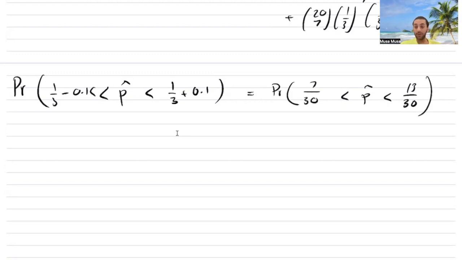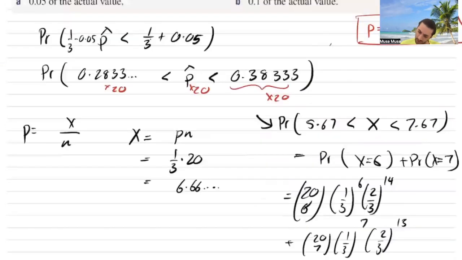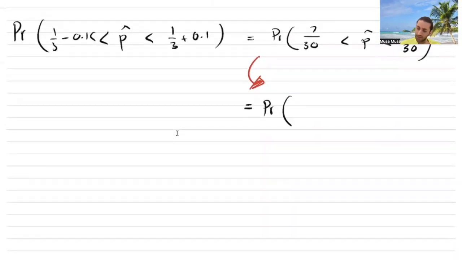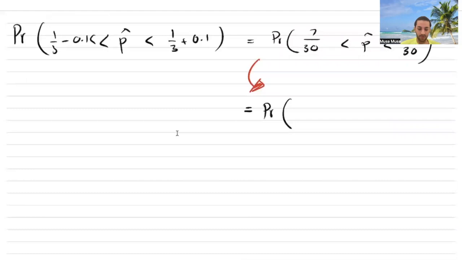So let's convert this into x's. How many trials are we doing? 20. So multiply each of these by 20. 7 over 30 times 20 equals 14 over 3, which is 4.67. 13 over 30 times 20, which is 8.67.